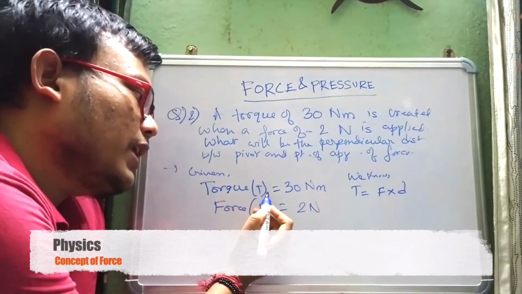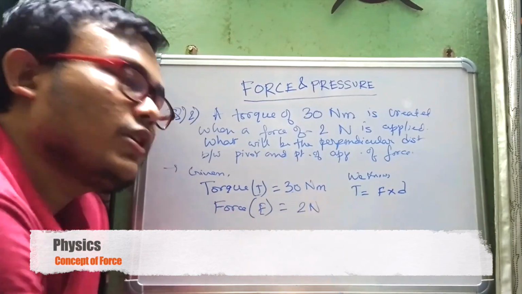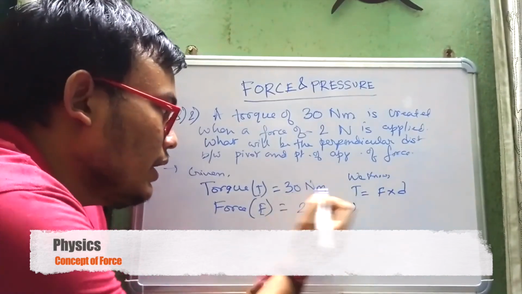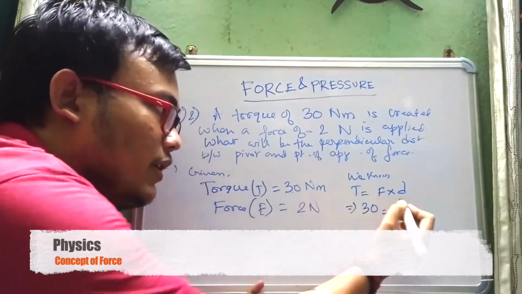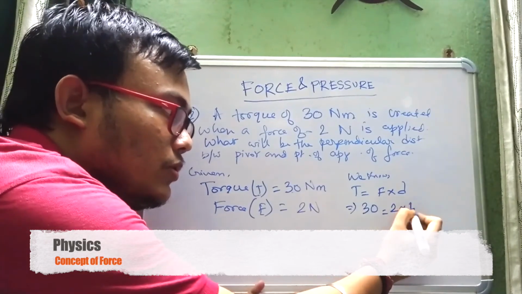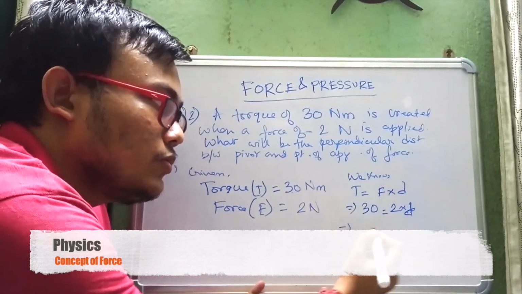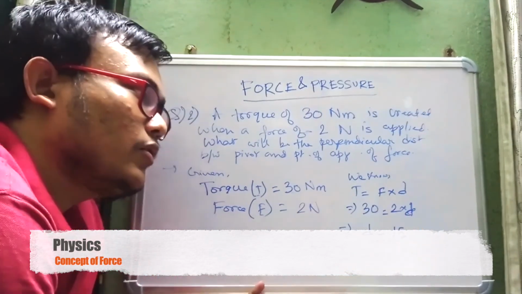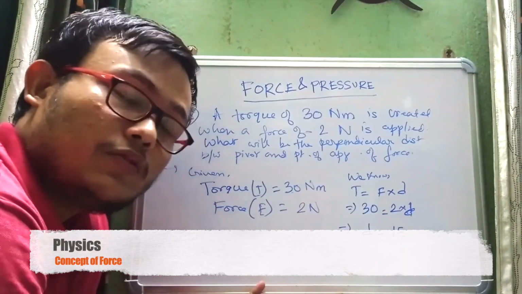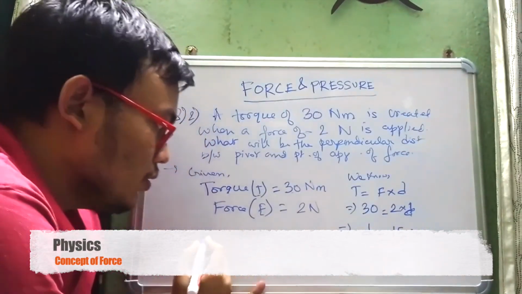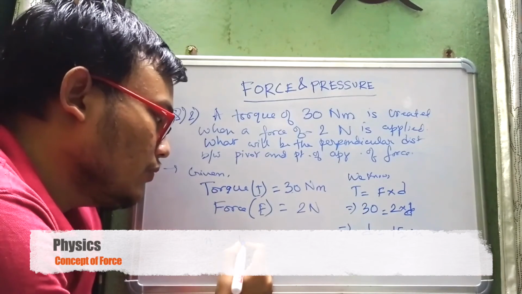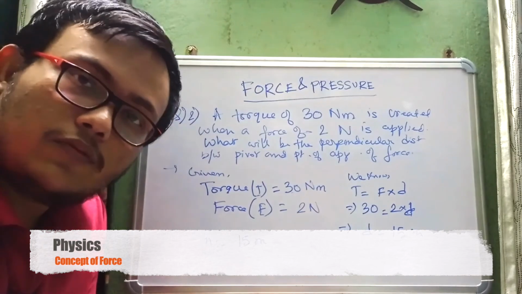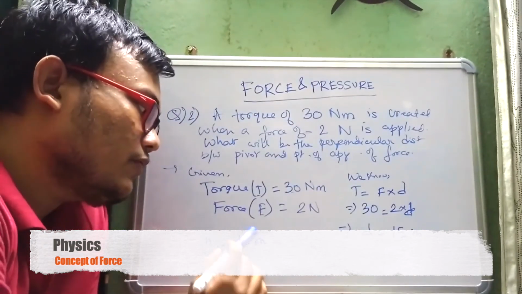If we place the values of these two in the equation, we can easily find out D. So T is 30, F is 2 cross D. So D becomes 15, and the unit of D will be meters. The answer will be 15 meters. The distance between the point of application of force and the pivot is 15 meters.